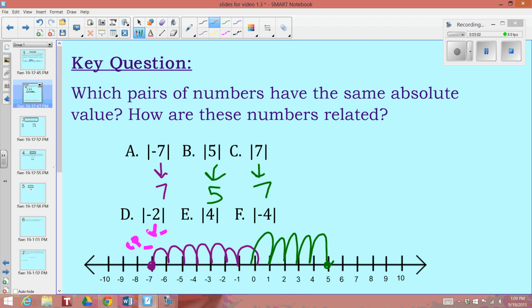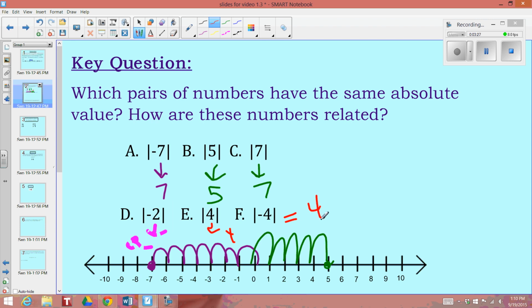The absolute value of 4 in letter E, positive 4, that's 4 spaces from 0. So the absolute value of 4 is 4. And in letter F, they're asking for the absolute value of -4. And I know that -4 is 4 units to the left of 0.